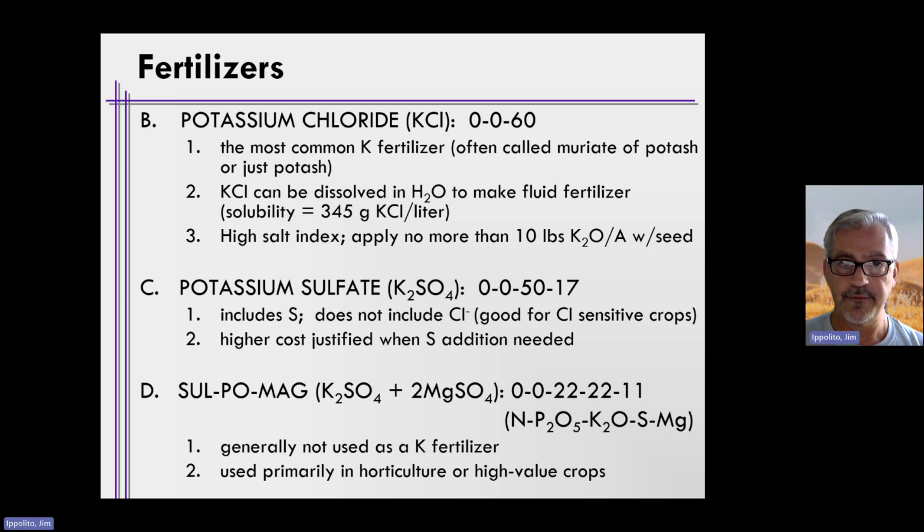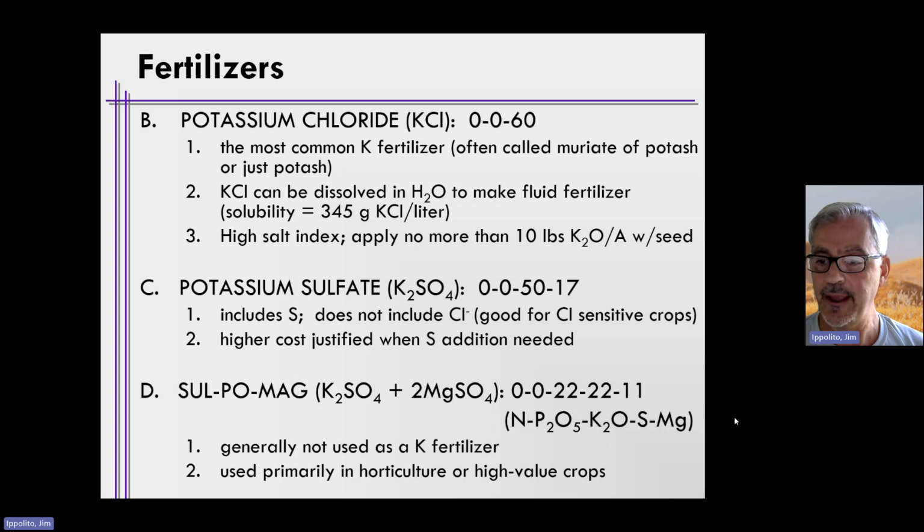And then there's another fertilizer called Sul-Po-Mag. It is a combination of potassium sulfate and magnesium sulfate. And it has a guarantee of 0-0-22-22-11. Wow, what a mouthful, all right? Why does it have 5 numbers? It has 5 numbers because, first of all, it does not contain any nitrogen or phosphorus, but it does contain potassium, sulfur, and magnesium.